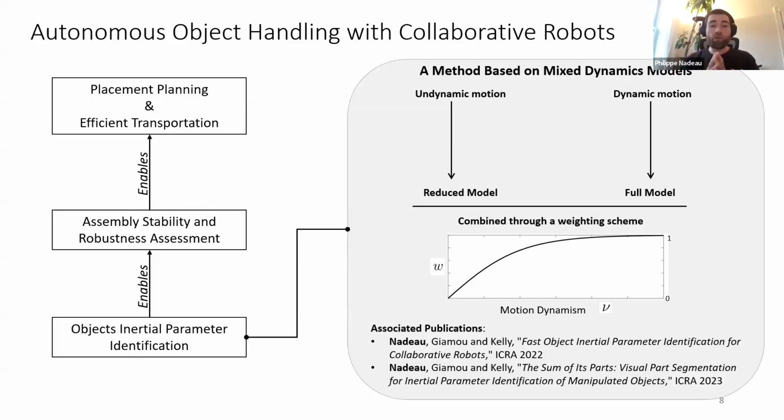In this work, we observe that gravity dominates other forces acting on the object during collaborative operations, and that using a reduced dynamics model can alleviate some of the identification problems. So we will combine the reduced model and the complete model, or full model, through a weighting scheme that I will describe later on.